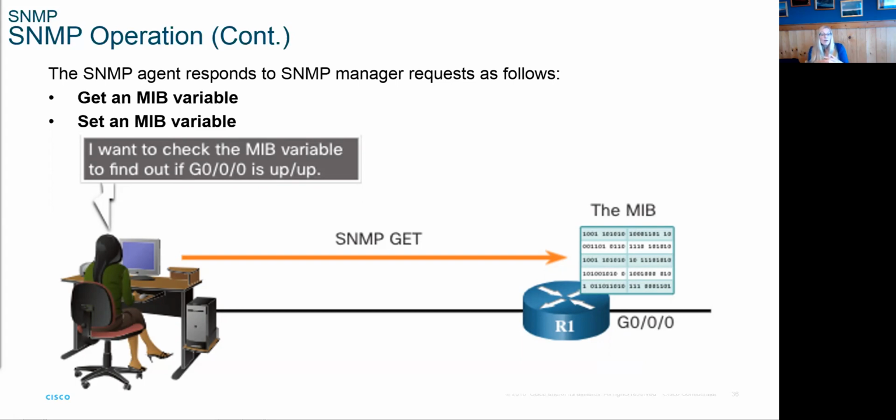Set an MIB variable, so the SNMP agent is going to perform this function in response to a set request PDU from the network manager. So the agent is going to change the value of the MIB variable to the value specified by the network manager, and an agent can reply to a set request that would include the new settings in the device.